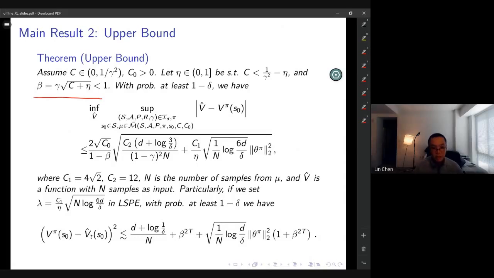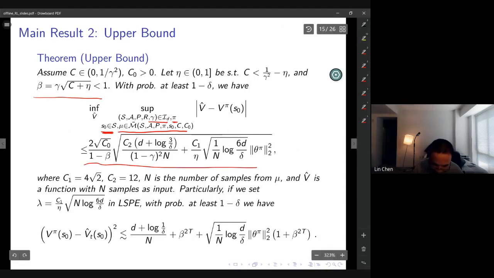We take the infimum over V hat and supremum over all problem instances, policies, and data distributions, and the state we would like to evaluate. And it is lower bounded by this, where n is the number of samples from the data distribution mu, and V hat is a function with n samples as input.